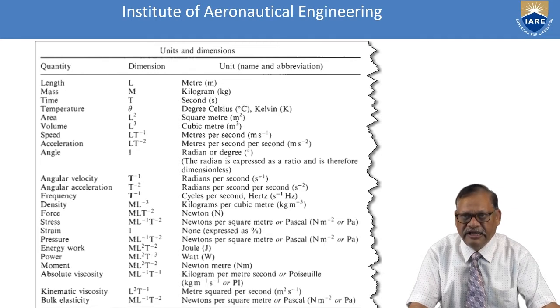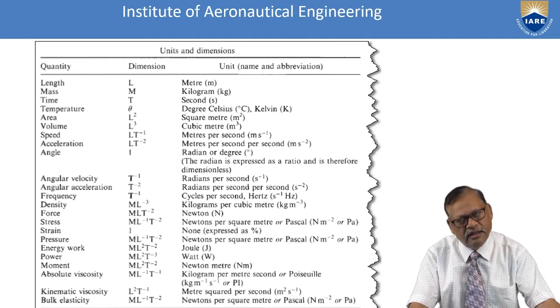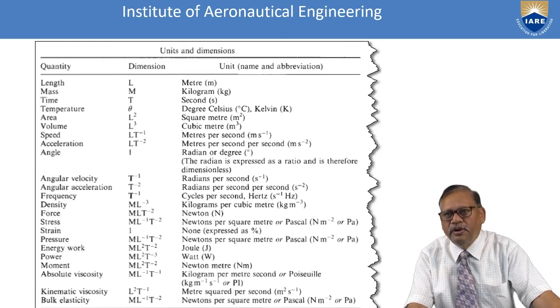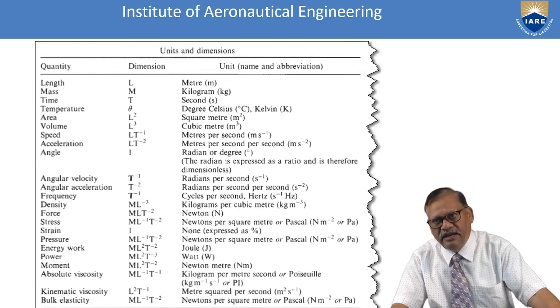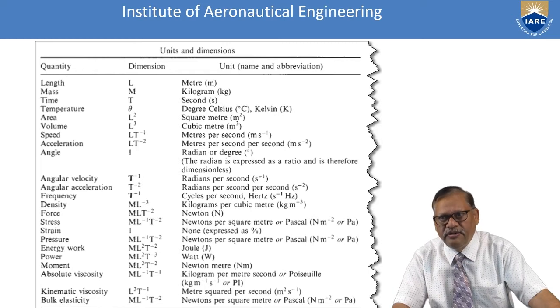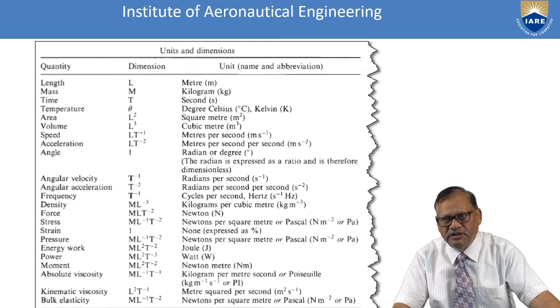Theta is the degree Celsius. So we measure either in degree centigrade or in Kelvin. Kelvin is the absolute temperature, measured from absolute zero.